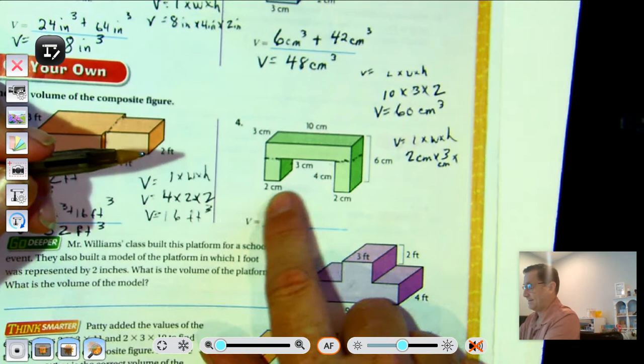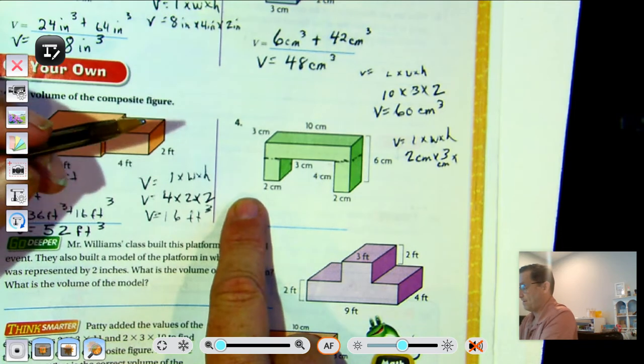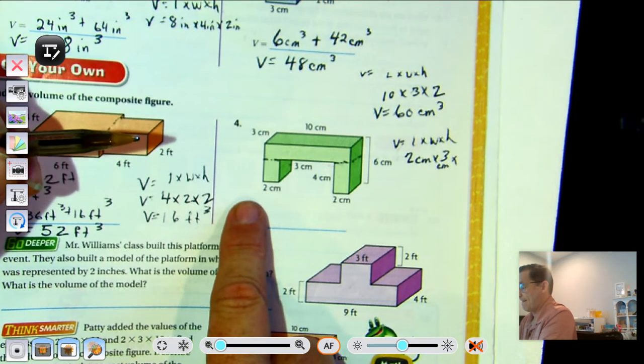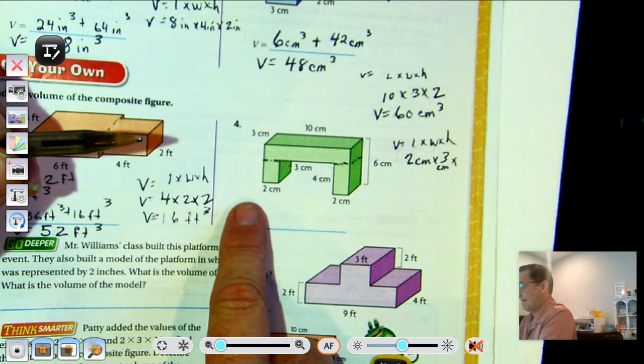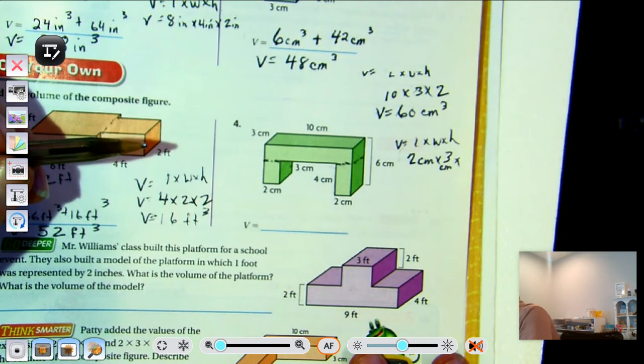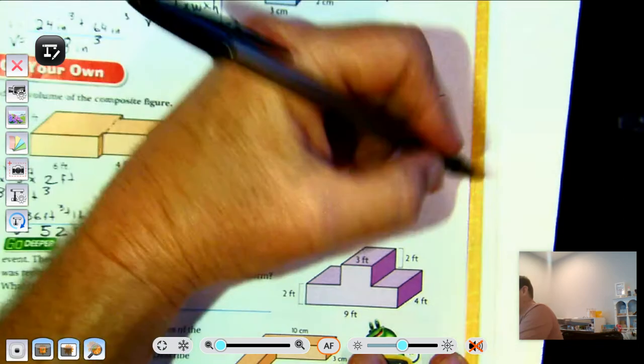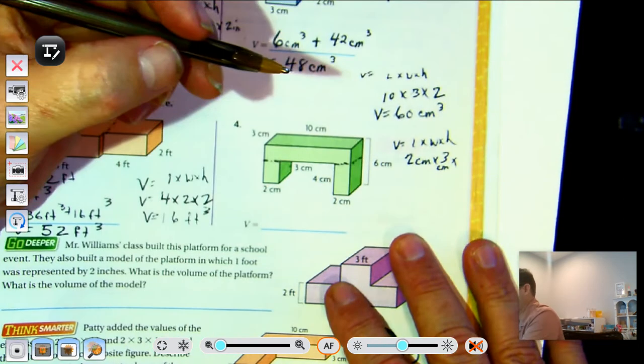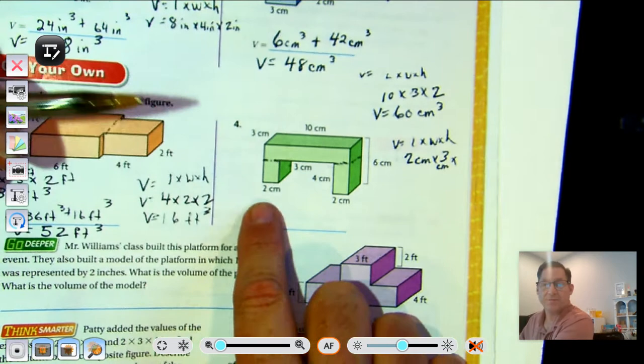And we have a height of 3. I'm sorry, let me make sure I got this right.